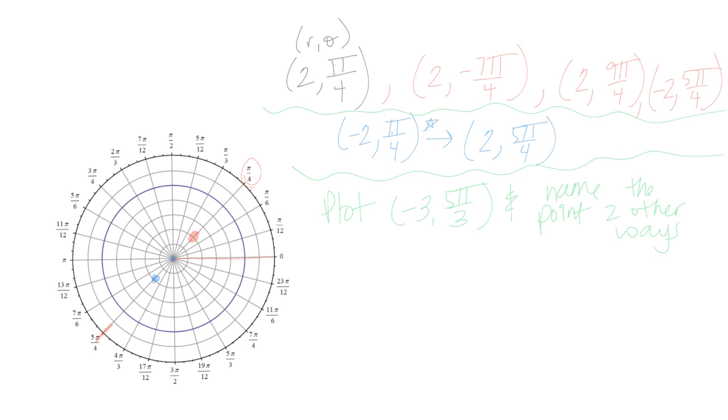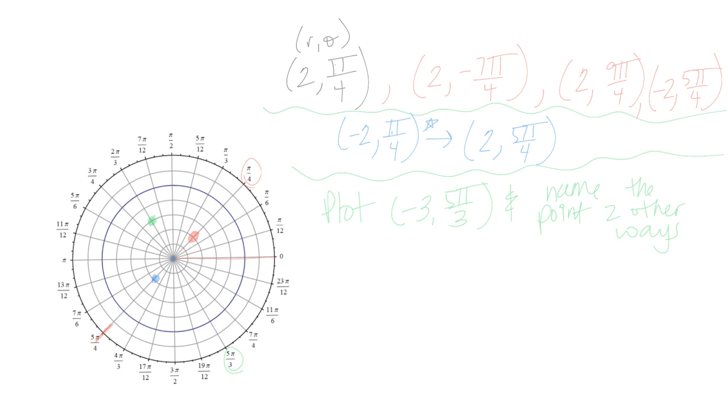First I'm going to find 5 pi over 3, which is here. Go to the pole, and instead of going 3 in this direction, I'm going to go in the opposite direction. So I'm going to go 1, 2, 3 in the opposite direction of 5 pi over 3. So I land here at my green point.